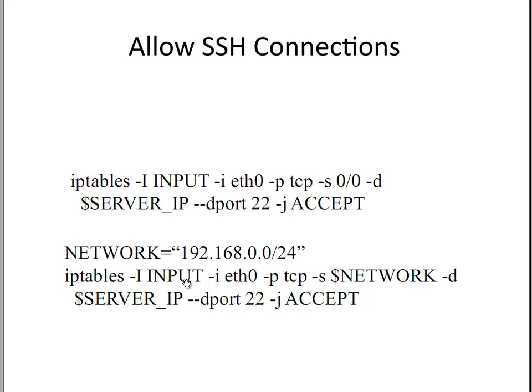So insert on the input chain on the interface eth0 packets that are of TCP, and the source is coming from our network, that is our internal private class C network, to the destination server IP address, to the destination port 22 SSH, is to accept it. So here what we've done is we've limited access to SSH to only clients with this source address.